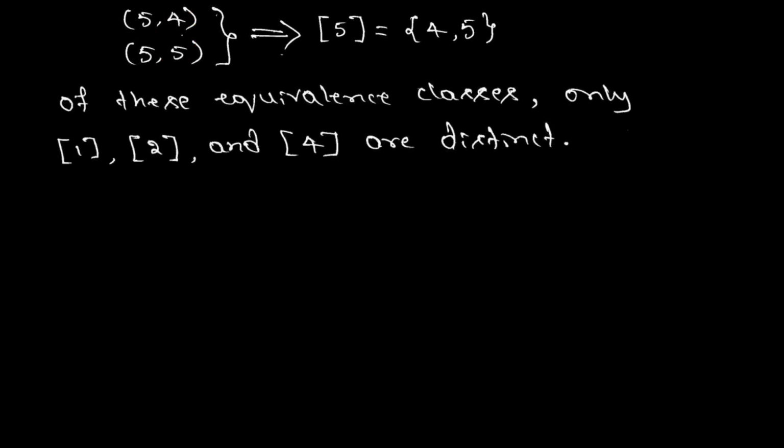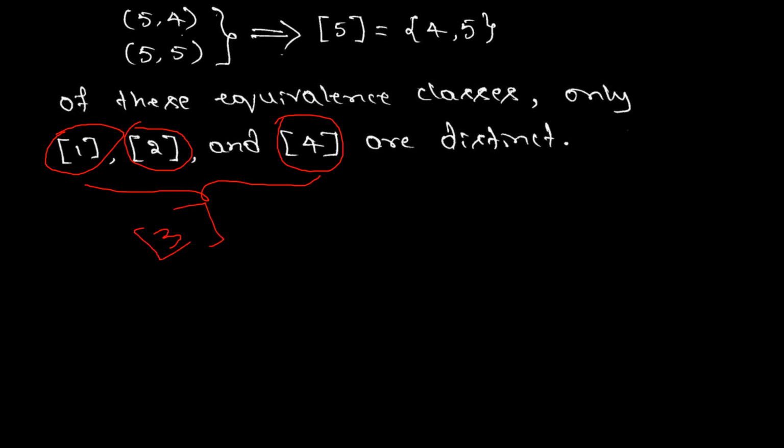Therefore, we get the distinct, disjoint equivalence classes: one is the class generated by 1, another is the class generated by 2, and another is the class generated by 4. These are the only distinct ones, because the class generated by 3 was the same as the class of 2, so we have not taken it into consideration, and the class generated by 5 was the same as the class of 4, so we have not taken it.